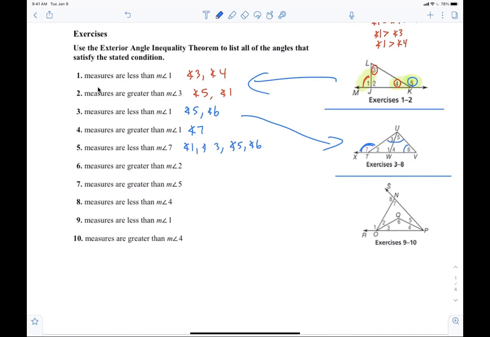Now, I think it's a technicality, but I think you should tell me that angle what? TUV, right? Everybody agree? Even though we said angle 3, angle 5. Does everybody agree with that?